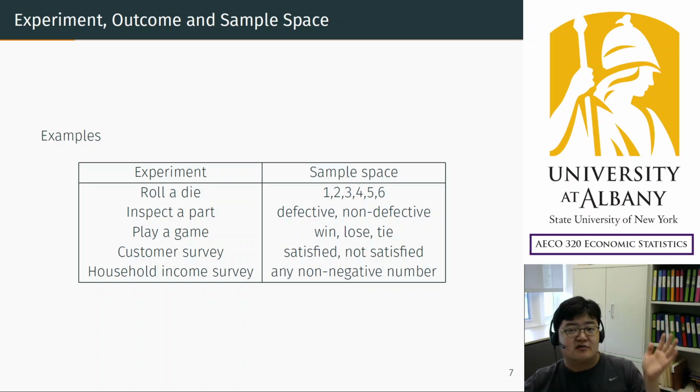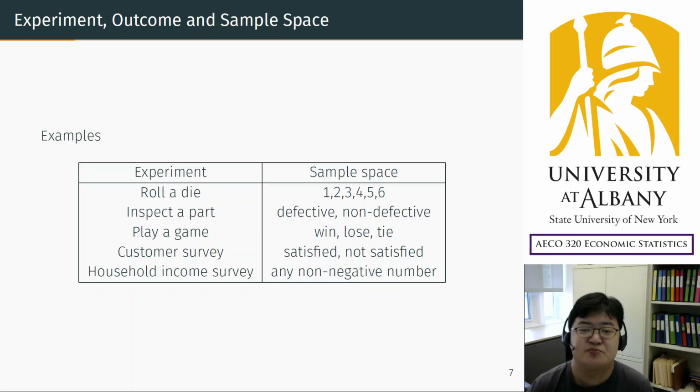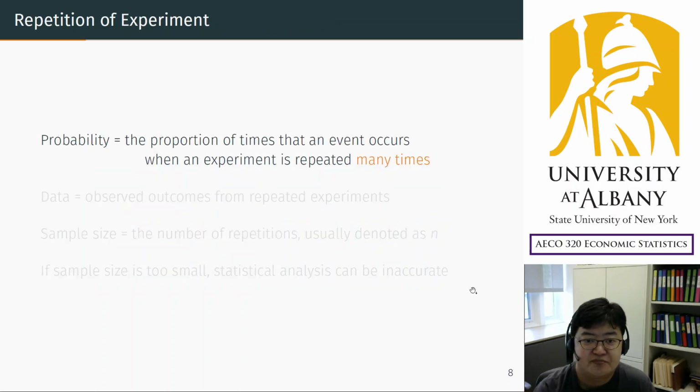Therefore, the sample space includes any non-negative number. So it's pretty easy to understand what is the sample space, what is the experiment, what's the outcome. So far, there is nothing special, nothing new, right?